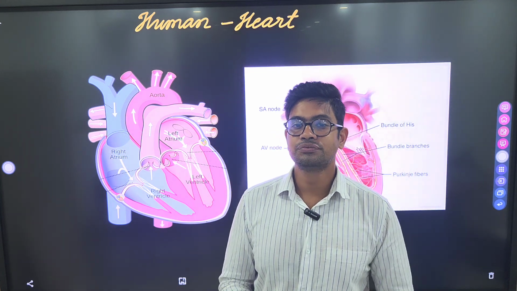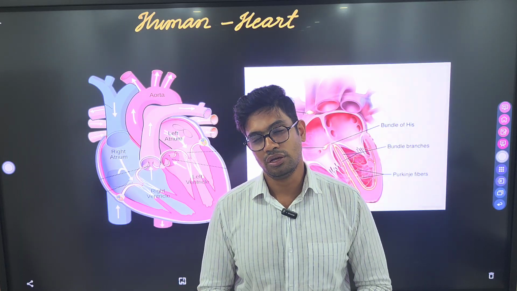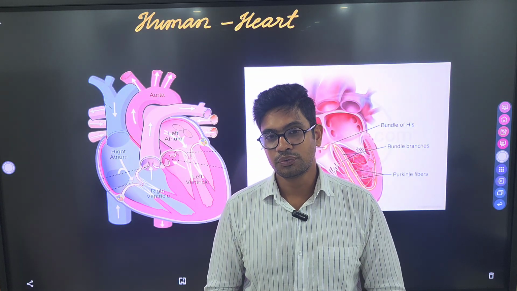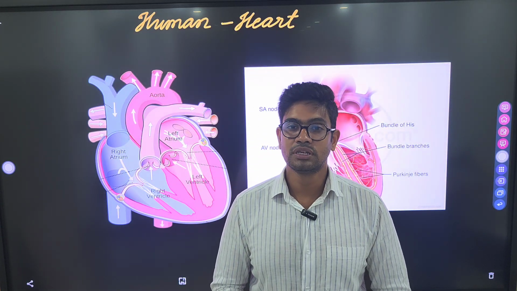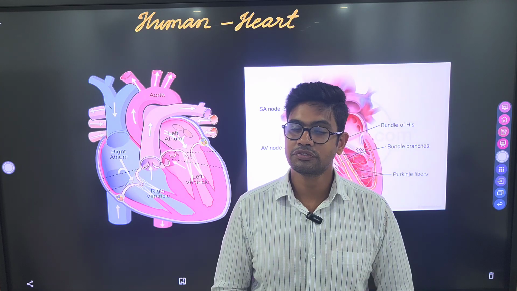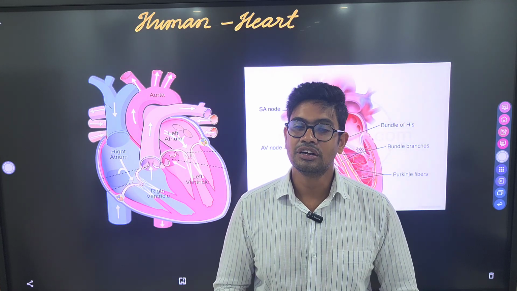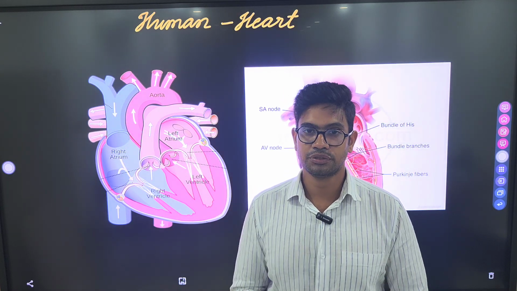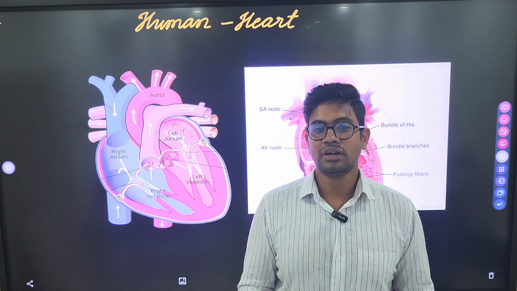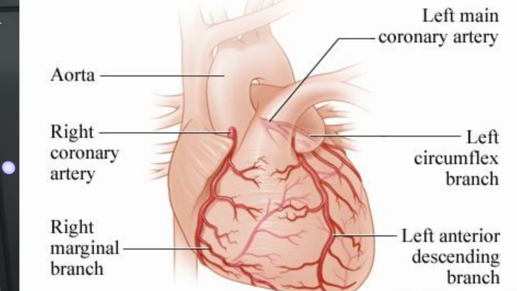There is a set of blood vessels called coronary arteries, which supply the oxygenated blood to the cardiac muscles, which gives the heart the strength required to perform all these functions. Now the coronary arteries have been divided in two parts, that is the right coronary artery and the left coronary artery.